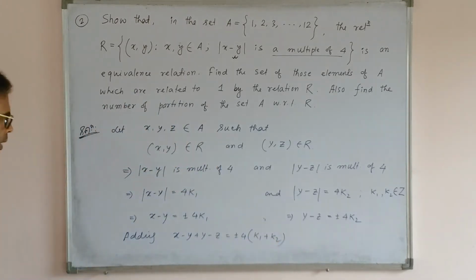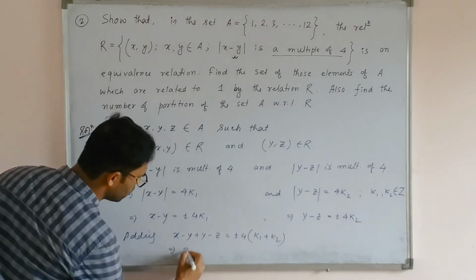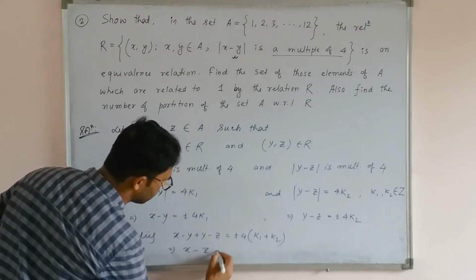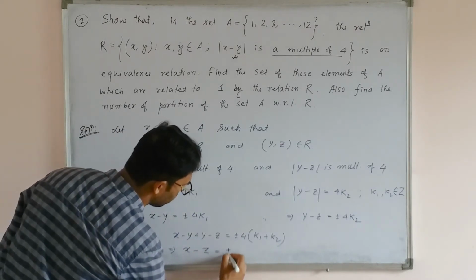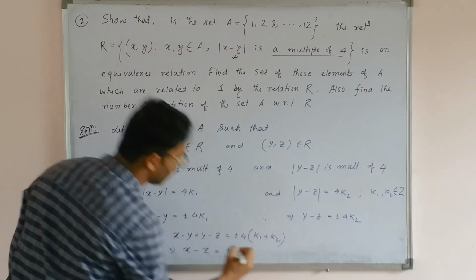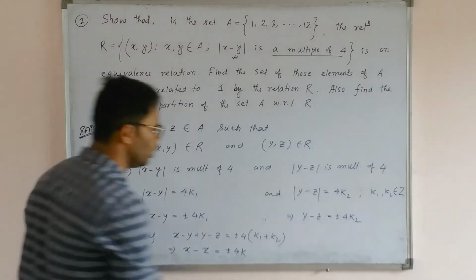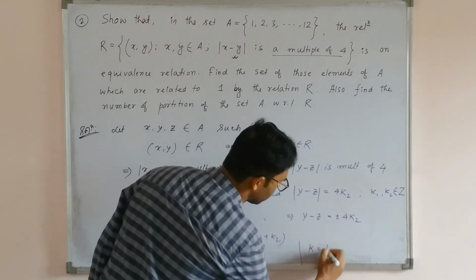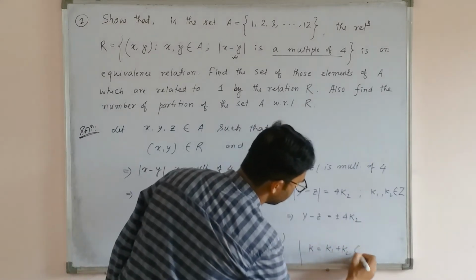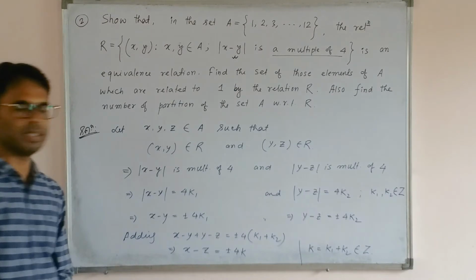So y is cancelled here, we see x minus z is equal to plus minus 4 times k1 plus k2, which can be taken as k, so you may write here k is equal to k1 plus k2, and that also belongs to the set of integers Z.